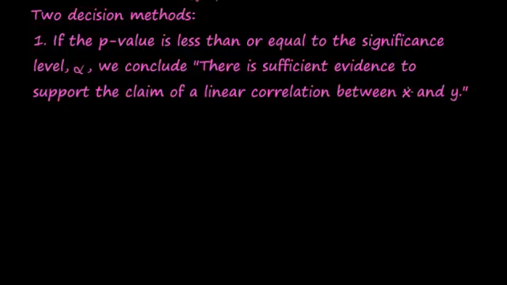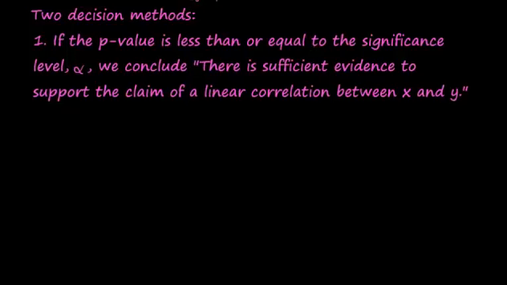And now we won't say x and y. x will be something like the amount of sunlight exposure, and y will be the height of the plant. So we'll use the actual language here for x and y, but this gives us a pattern of how we'll write our conclusion if our p-value is less than or equal to alpha.